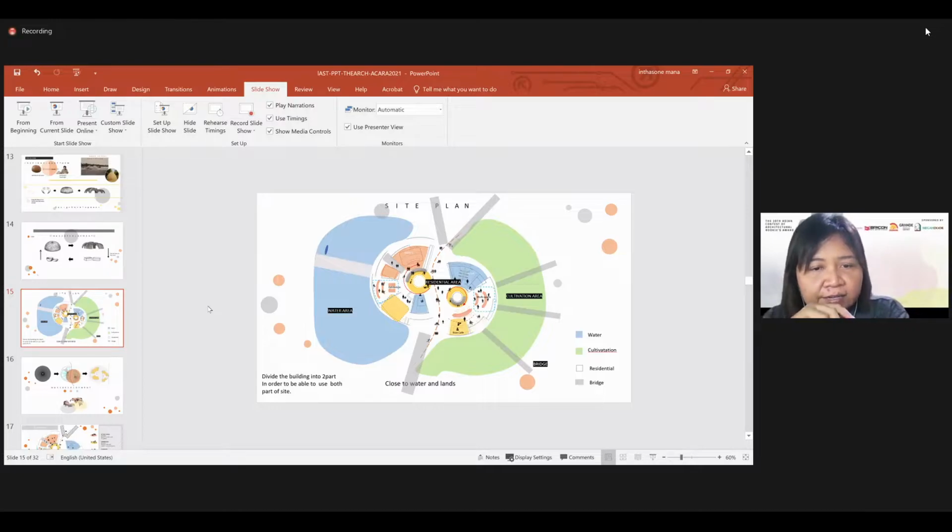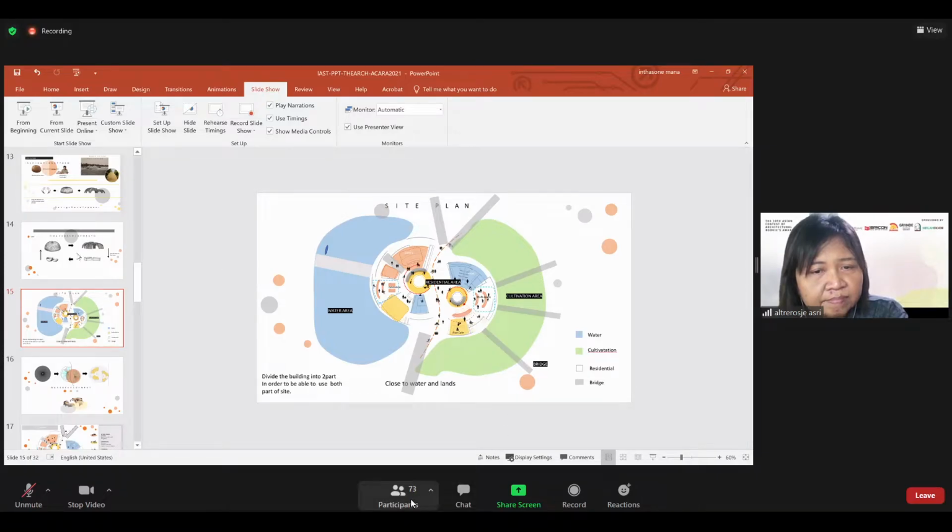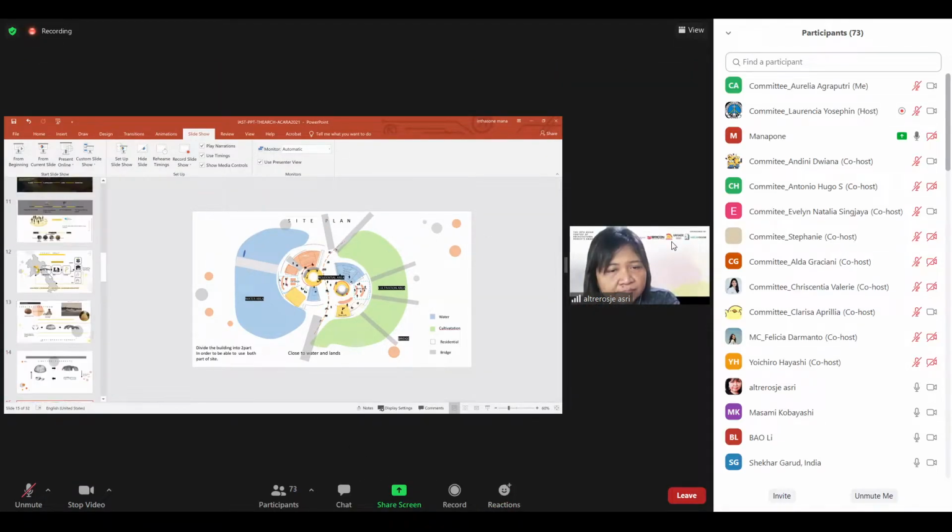Yeah, that's one. Actually, this area has the local environment. The local area consists of the community, and I chose this location.